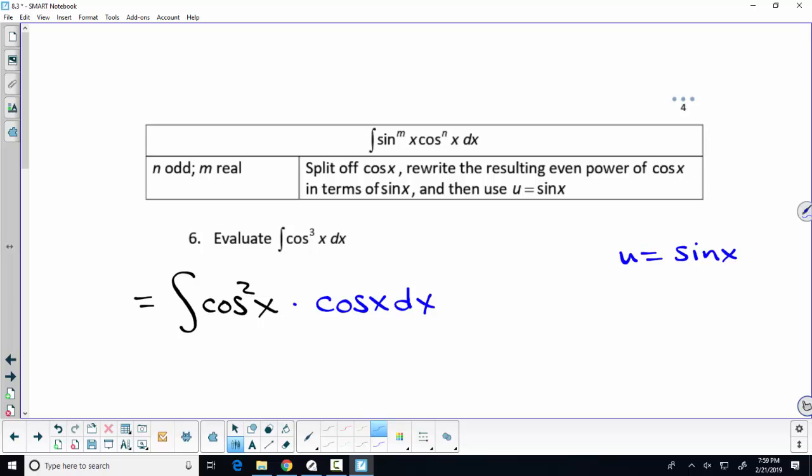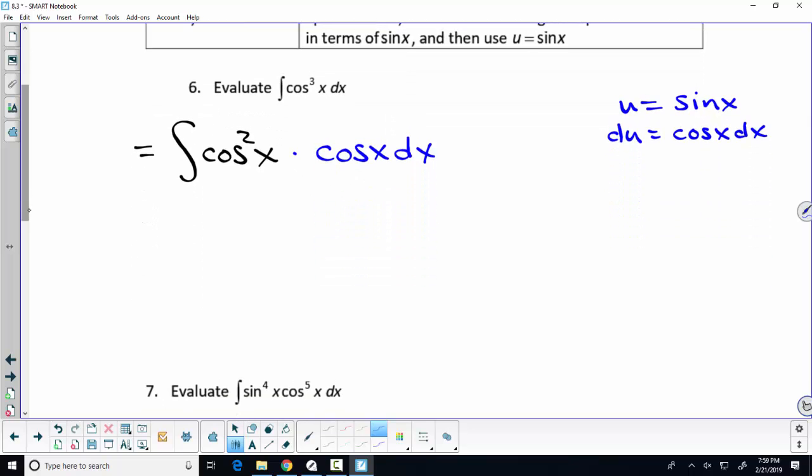So our u substitution here should be u equals sine, and du is cosine x dx. So kind of a similar situation. The cosine x dx is our du.